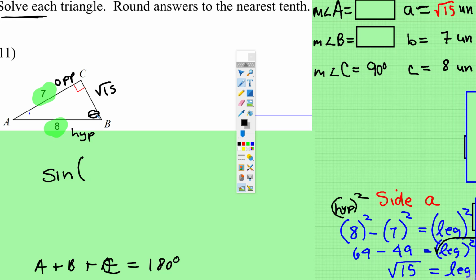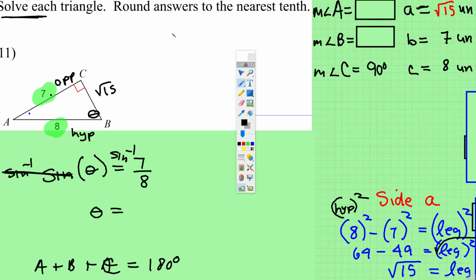So sine of that theta is equal to opposite over hypotenuse, so 7 over 8. And then remember, we want to get the theta by itself, so the inverse of sine is the inverse sine notation. That cancels the sine notation, leaving us just the theta.